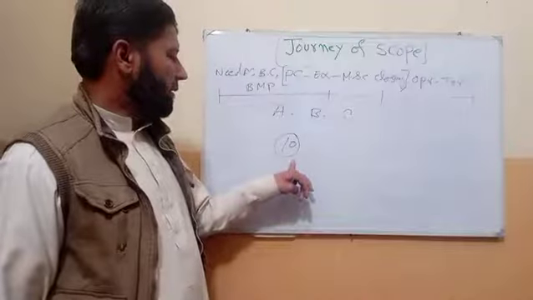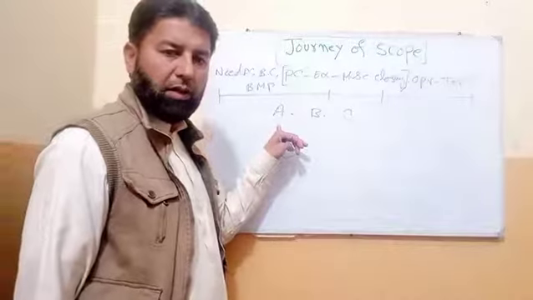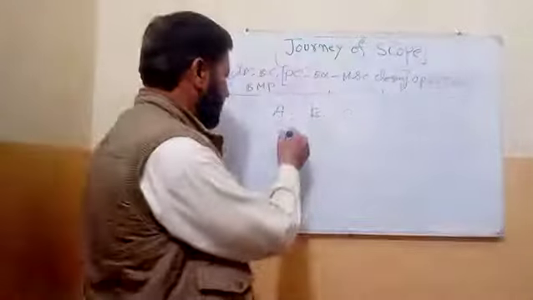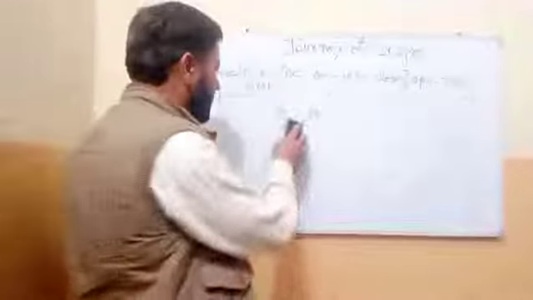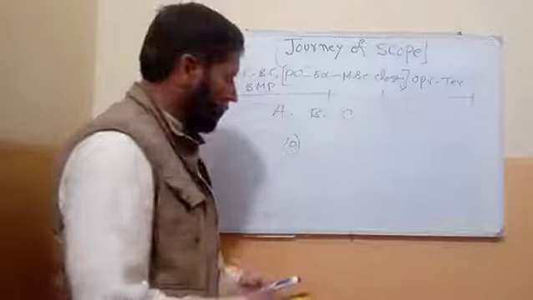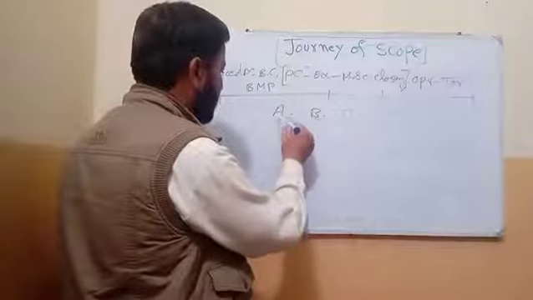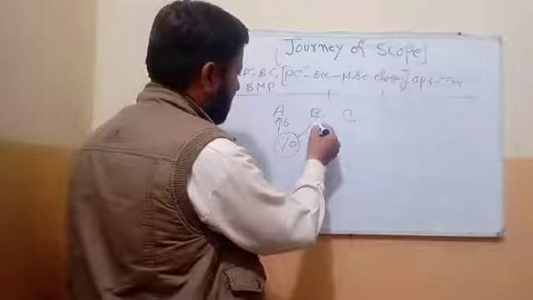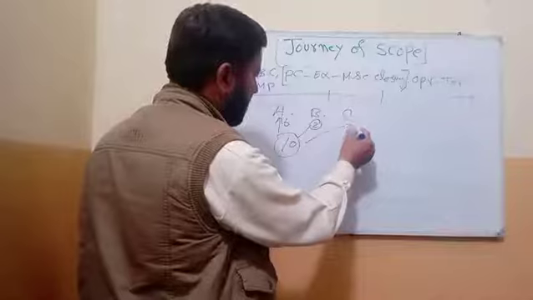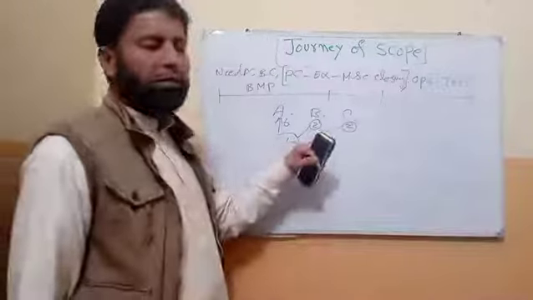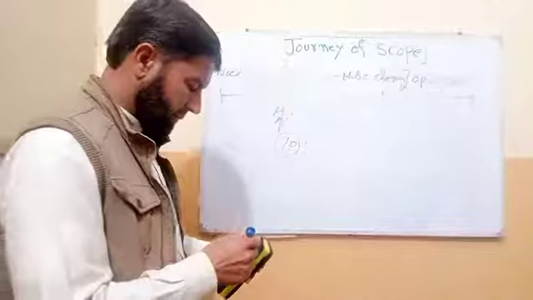When all 10 people vote on one side, we call it unanimity or a unanimous decision. Then the next one is majority. Suppose 10 people vote, with 6 voting for A, 2 for B and 2 for C. When more than 50% of people vote on one side, we call it majority.